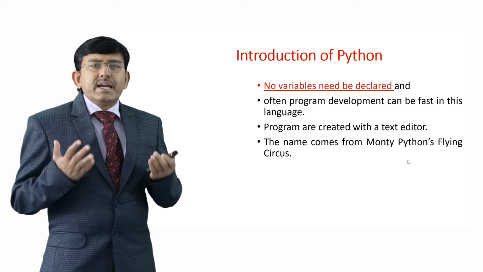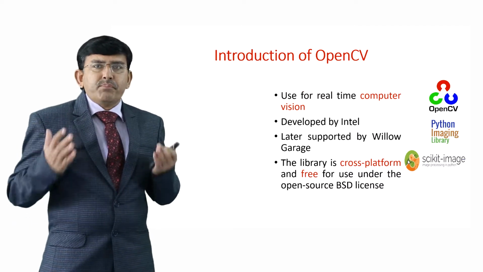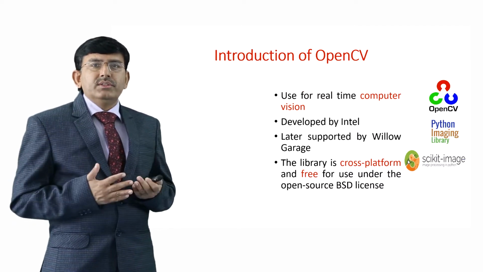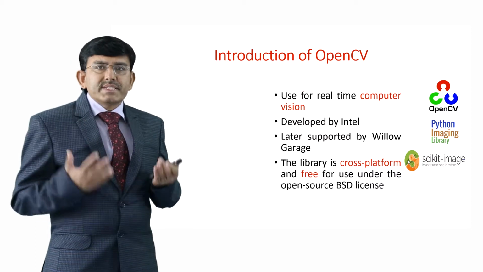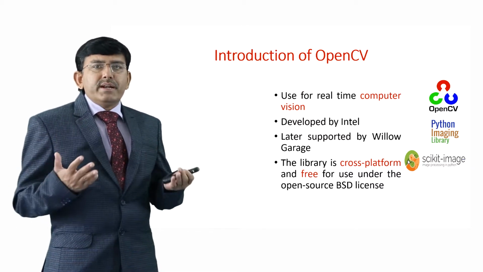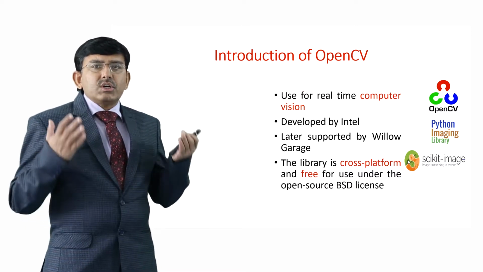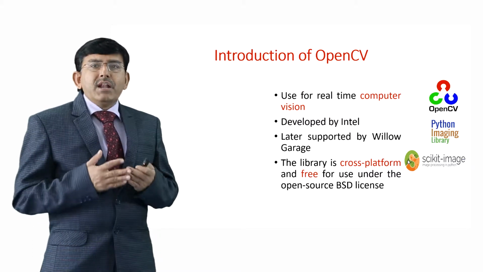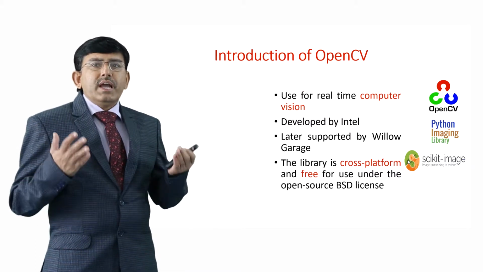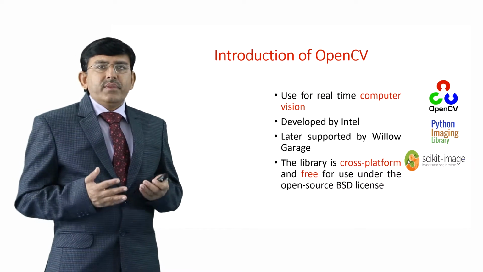Use of real-time computer vision is another part of Python, which is called OpenCV, developed by Intel, later supported by Willow Garage. The library is cross-platform and free for use under open source BSD licenses.